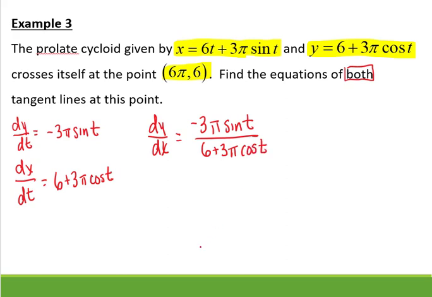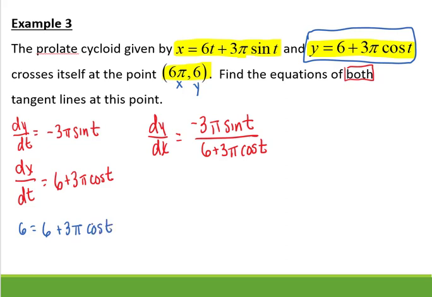Now I need to evaluate this at (6π, 6), but remember this is an x and this is a y. So I need to get this in terms of t. I am going to use the y coordinate again. If I use the x coordinate, it's a little bit more complicated because I have that t in there and that t in there. So if I set my y coordinate equal to 6, subtract 6, when does cosine equal 0?